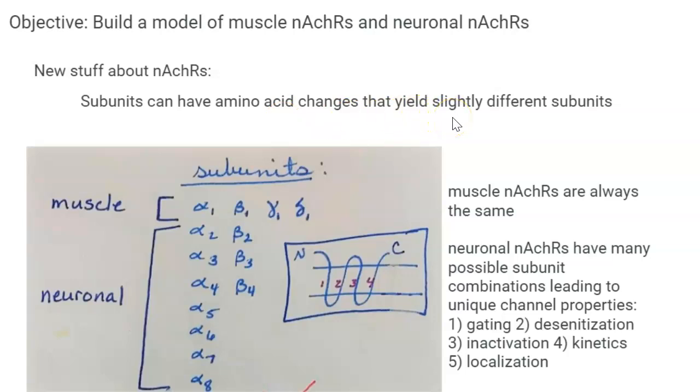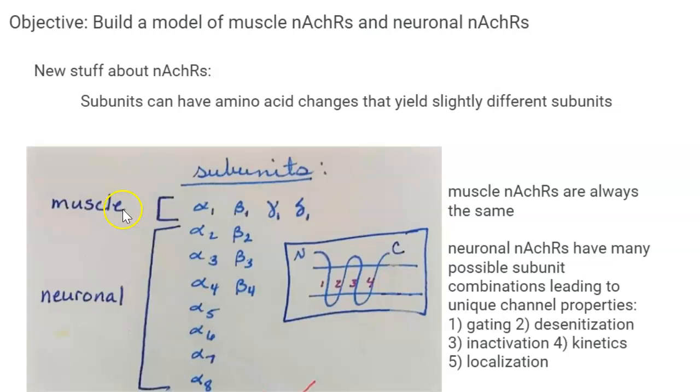And so for the nicotinic acetylcholine receptor, the muscle nicotinic acetylcholine receptor can have alpha, beta, gamma, and delta. So alpha, beta, gamma, delta, and then we also have nicotinic acetylcholine receptors in the brain, but they're made of different subunits.